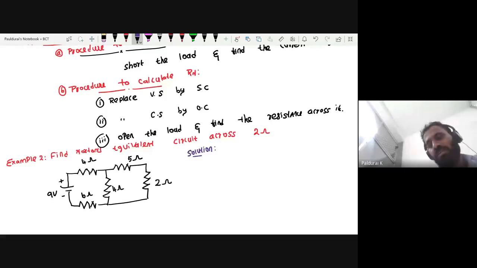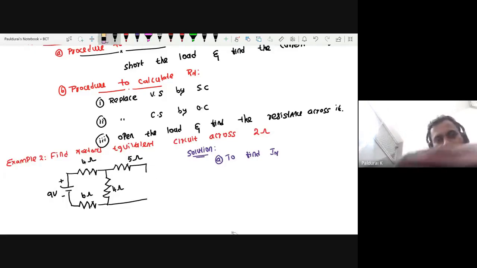To find Norton current, to find IN. So what is the procedure? This time the procedure is very simple. You want to short the load and find the current through it.